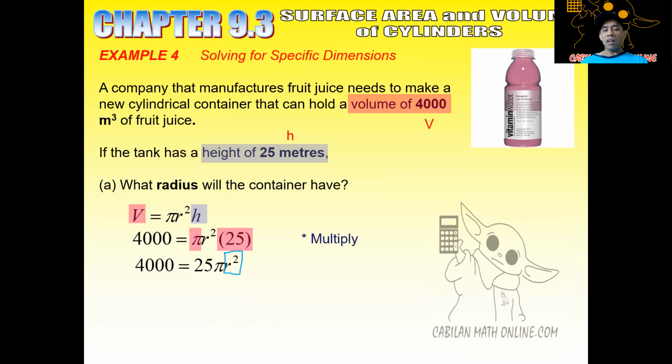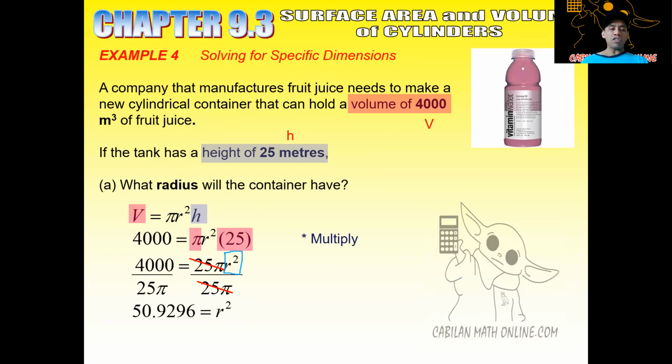To isolate the r squared part, we need to divide both sides by 25 pi. I want you to make a note of what cancels out on the right side: when we divide both sides by 25 pi, the 25 pi's on the right side cancel out, and as you can see, we now have the r squared on its own on the right side. Then 4,000 divided by 25 pi is going to give me this number over here.